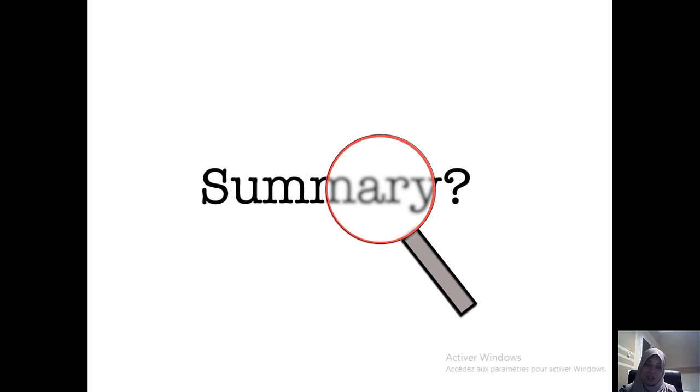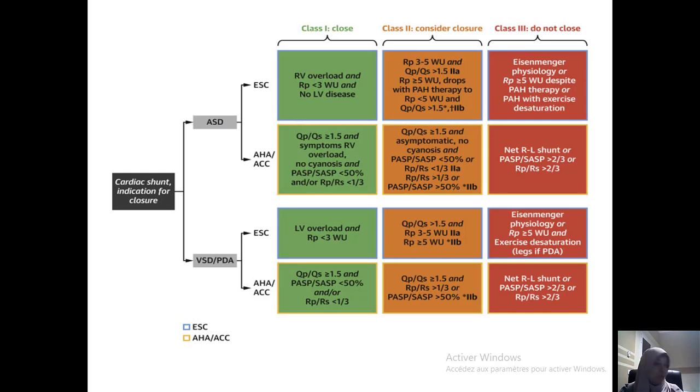there are guidelines to manage these shunts, according to the European Society of Cardiology and the American guidelines. Both sets of guidelines depend on the degree of shunting and the impact on cardiac chambers for indication of the defect closure, and they depend on the evidence of pulmonary vascular disease and pulmonary hypertension for contraindication.